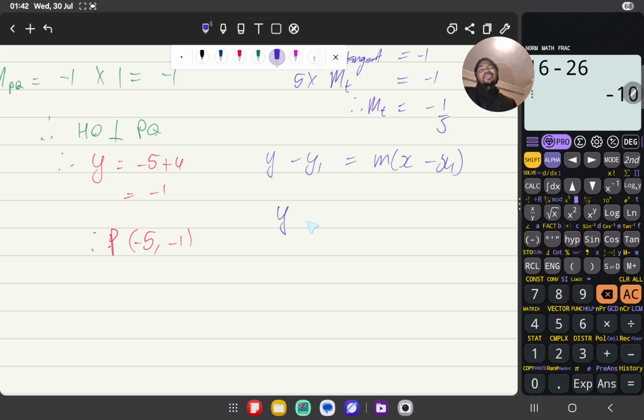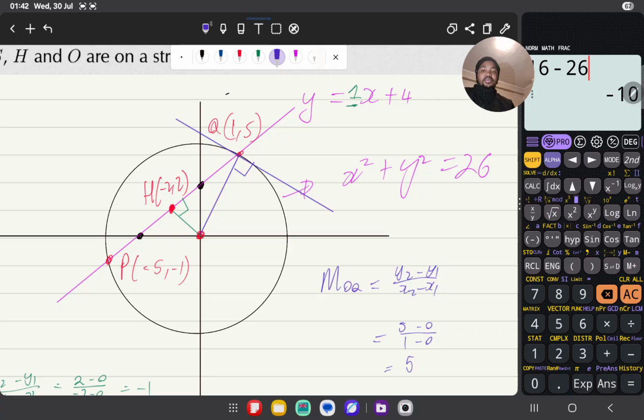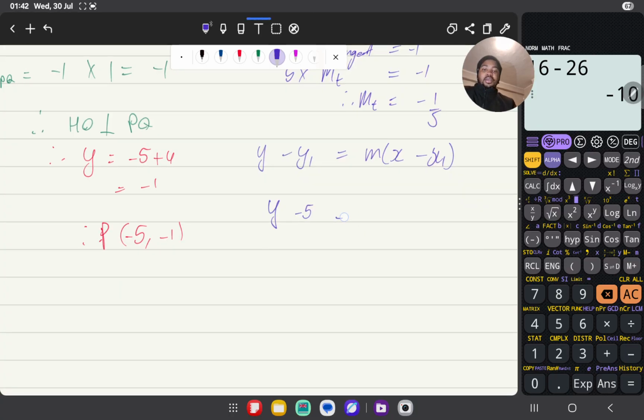I have x equals 1, and the y value is minus 5. So I have y plus 5 equals minus 1 over 5 into x minus 1. That gives y equals minus 1 over 5 x plus 1 over 5 minus 5.